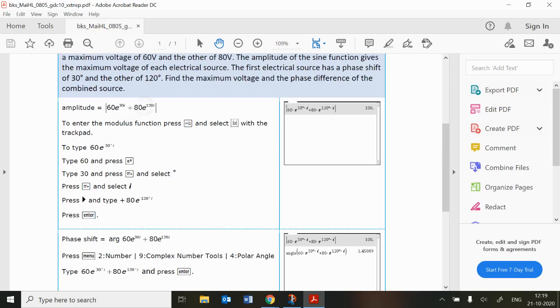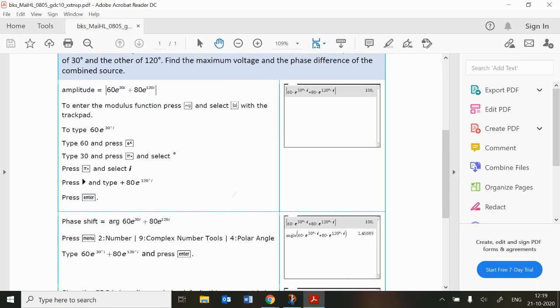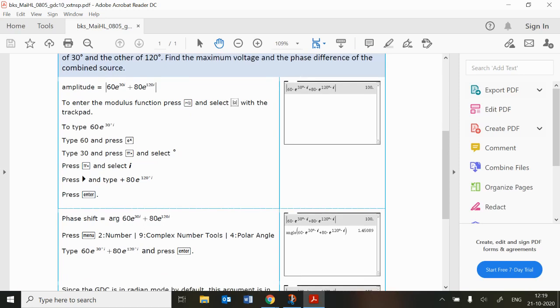I would store that complex number as something. Then if you want to work out the angle, you go to number, complex number tools, polar angle. If you've stored it as Z, then you can say polar angle of Z.